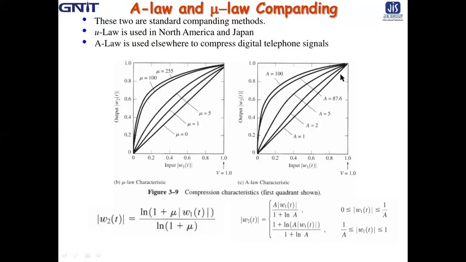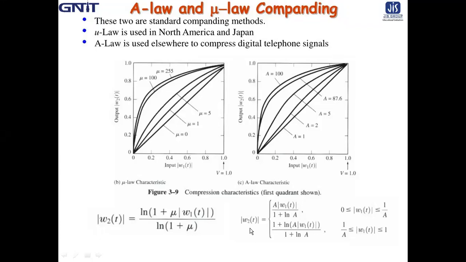Now go for the A law companding. In the A law companding, the compression characteristic is made up of a linear segment for low level inputs and a logarithmic segment for high level inputs. It starts from A equal to 1 and the maximum value is 87.656.